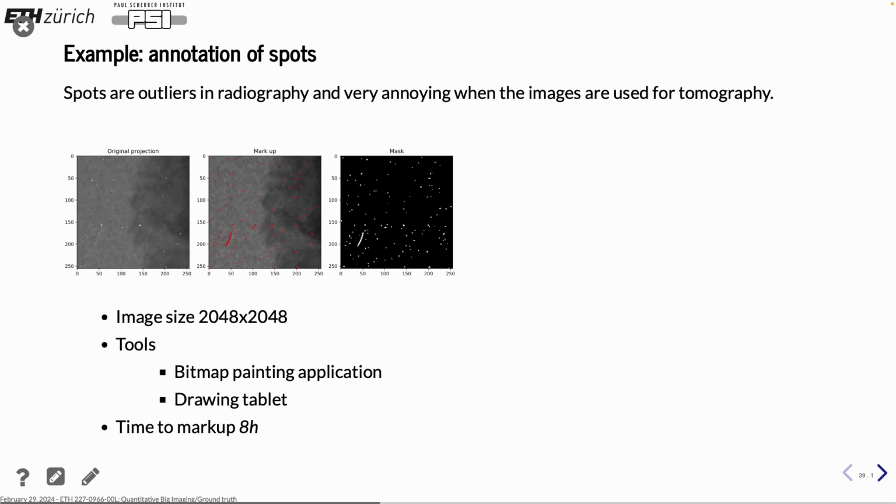But this is very time consuming. I really wanted this for the lecture purpose, so I spent 8 hours sitting there marking up. It was not a fun Sunday afternoon. But anyway, I marked it up, and now I have a data set that we can use for testing in the lectures.